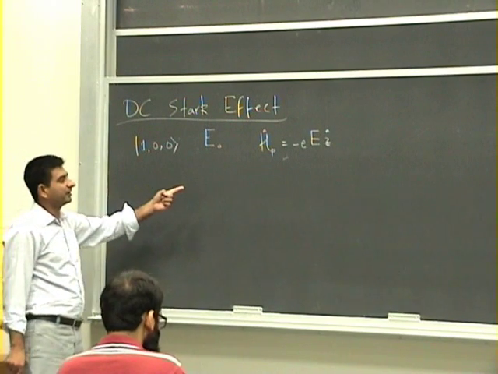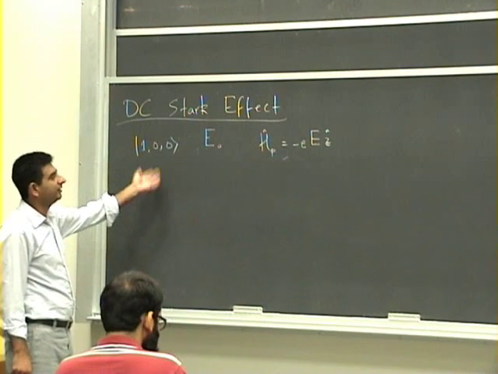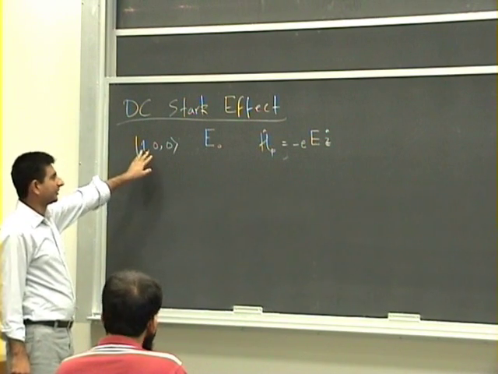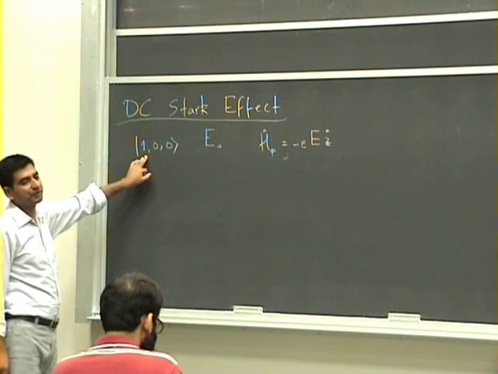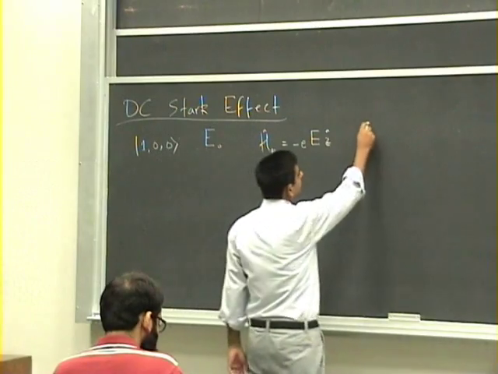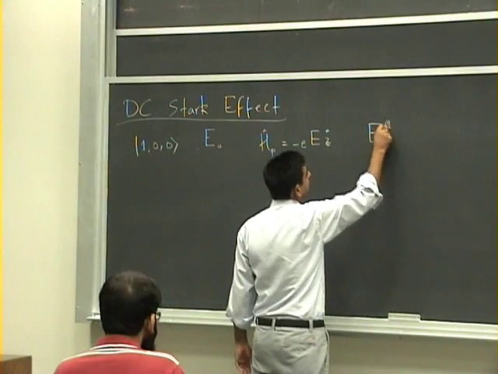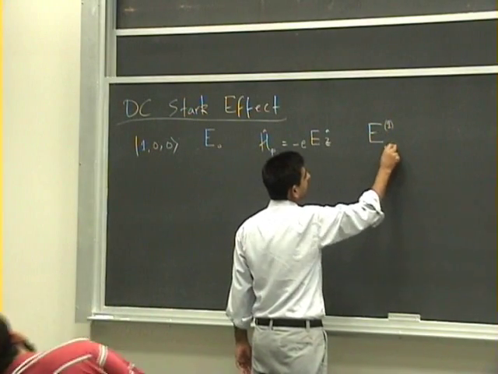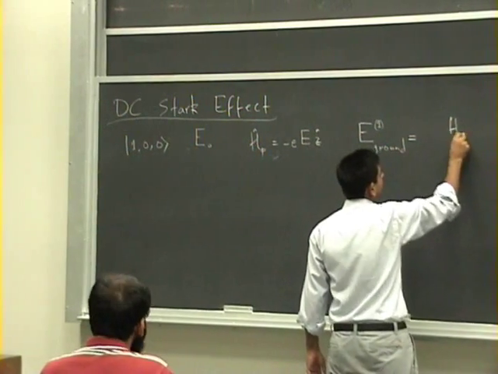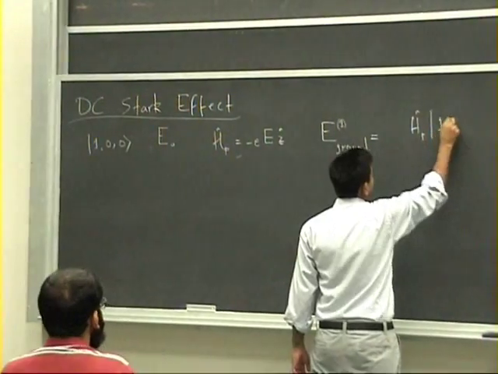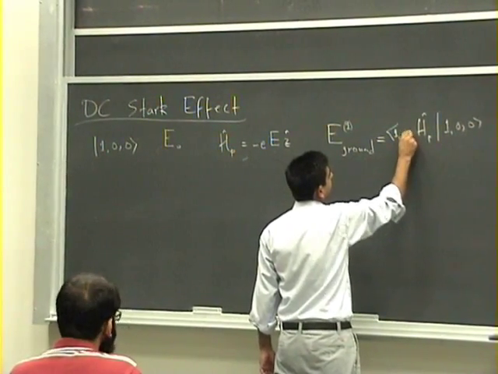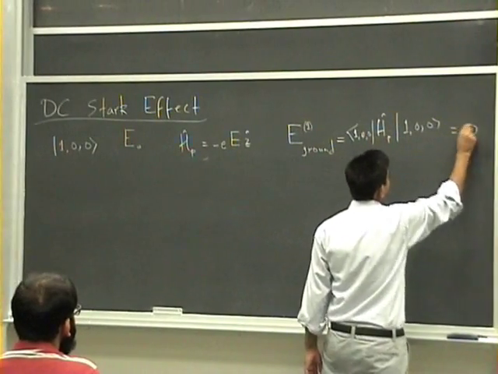So under this perturbative Hamiltonian, we were looking at the shifts in energy. To first order, there was no shift in the energy of the 1s state. So up to first order, the shift in the energy of the ground state, given by <1,0,0|HP|1,0,0>, is just 0.